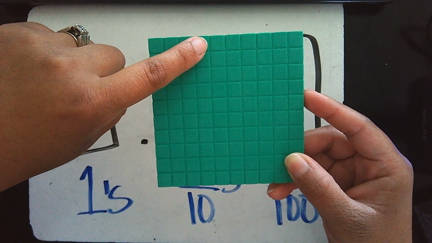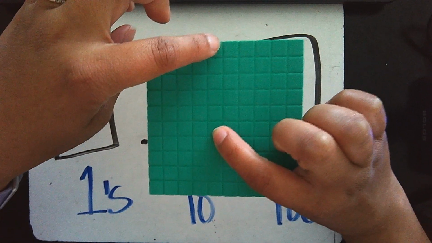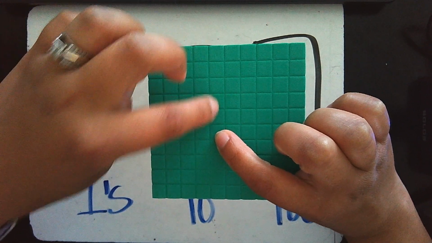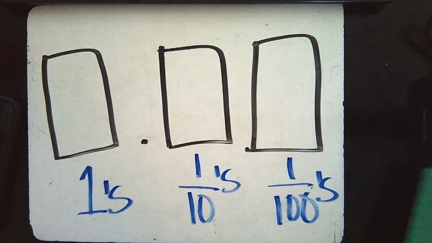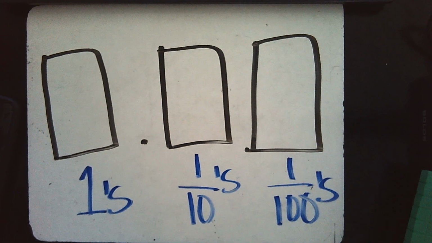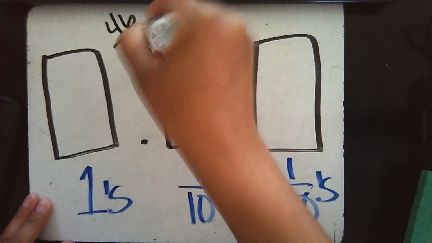Then it goes to right here, so I would count 1, 2, 3, 4, 5, 6. So then I would say 46. How would I write that? 46 over 100. So 46 over 100 is my fraction.